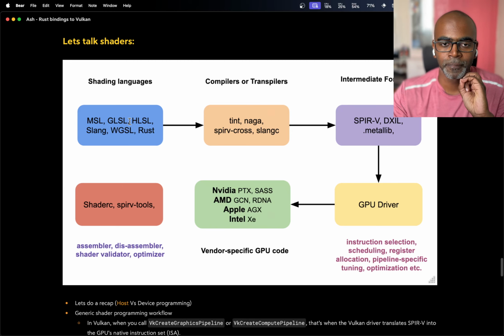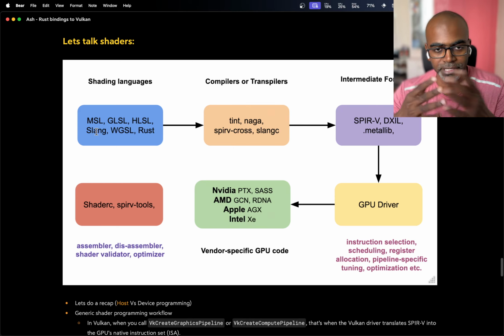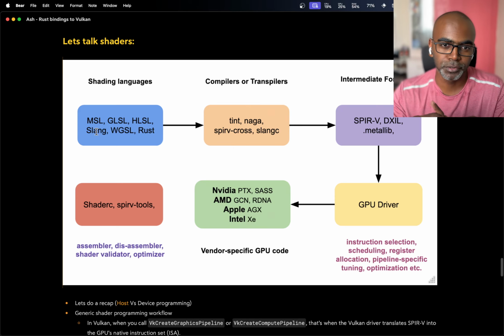We'll talk about that. Then GLSL is basically the OpenGL shading language. HLSL is what Microsoft came out with for its DirectX API. Slang is something that NVIDIA has open sourced recently. They've now given it to Khronos, which is the open foundation that actually manages Vulkan. They've taken ownership of Slang. That's why I've put it up there.